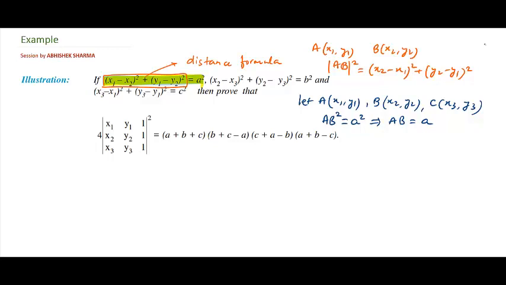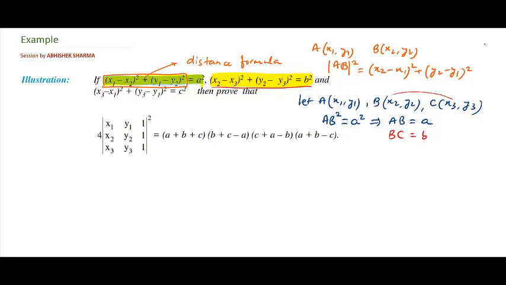In the same way, from the second relation, maybe you can make out that BC is equal to b, because this yellow shaded relation gives you the distance between the points (x2, y2) and (x3, y3).